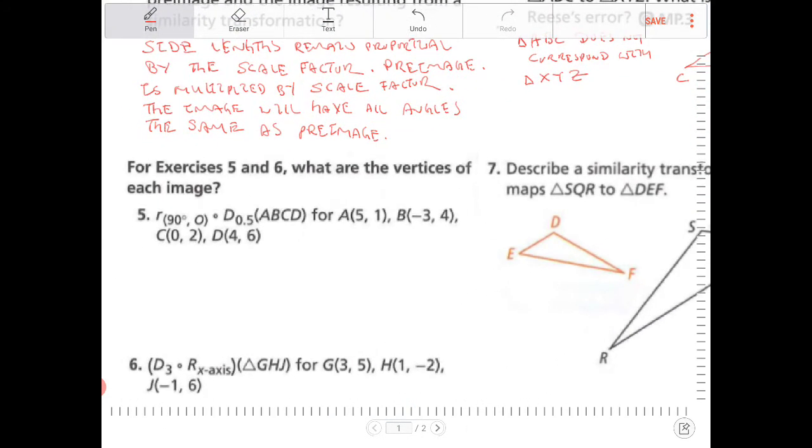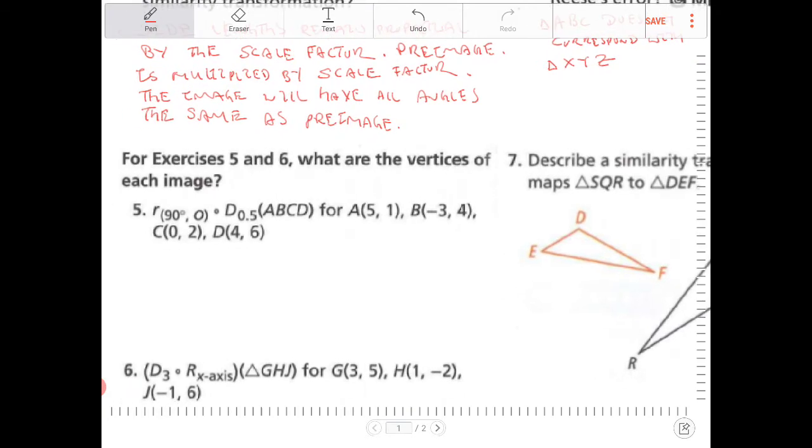All right. Question 5. What are the vertices of each image? So we're performing a composition of transformations where we are going to be dilating and then rotating by 90 degrees over the origin. When we're performing a composition of transformations, we're always moving from right to left. So we're doing the dilation first.